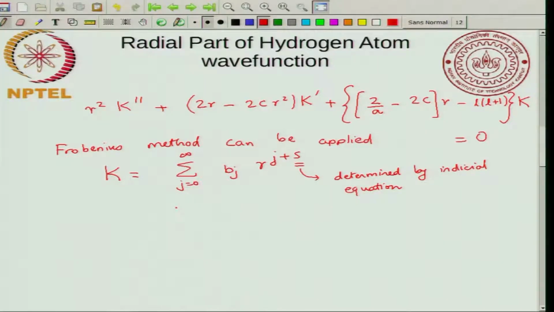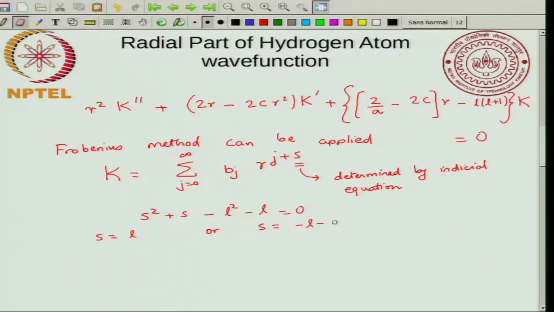So what does the indicial equation work out to? If you substitute in this equation, your indicial equation looks like this: s square plus s minus L square minus L equal to 0. You will get basically two conditions. You will get S equal to L or S equal to minus L minus 1.